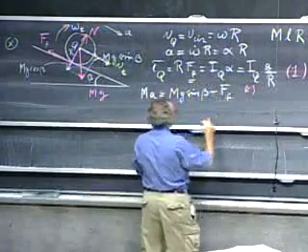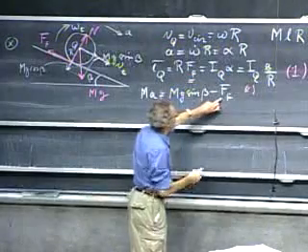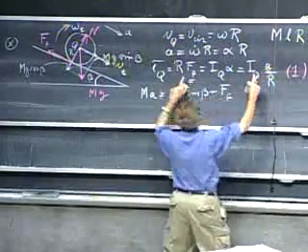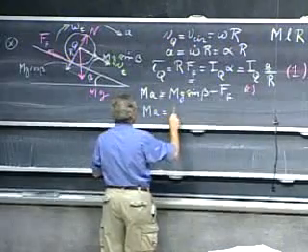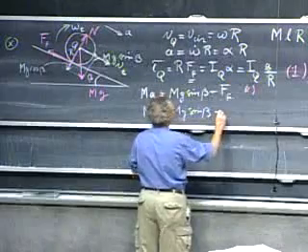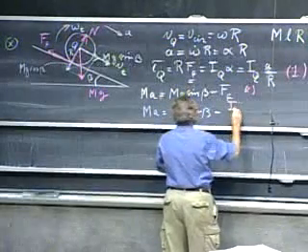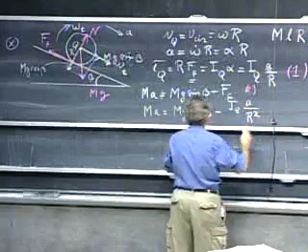I can eliminate ff, and I will substitute for ff in here this quantity divided by r. And so I get ma equals mg sine beta minus moment of inertia about point Q times A divided by r squared.